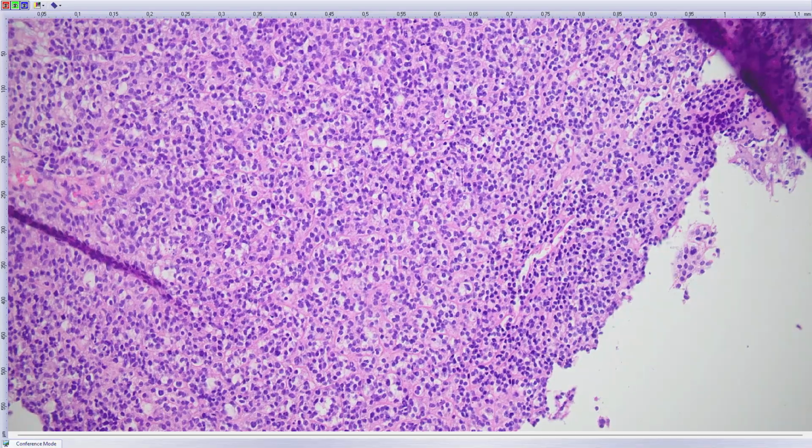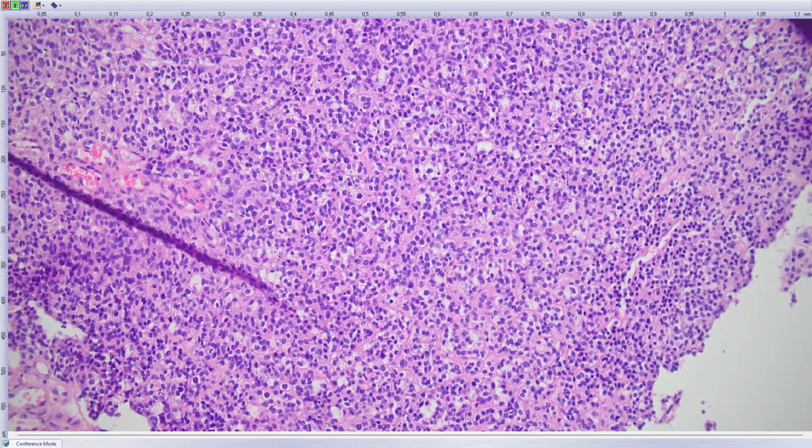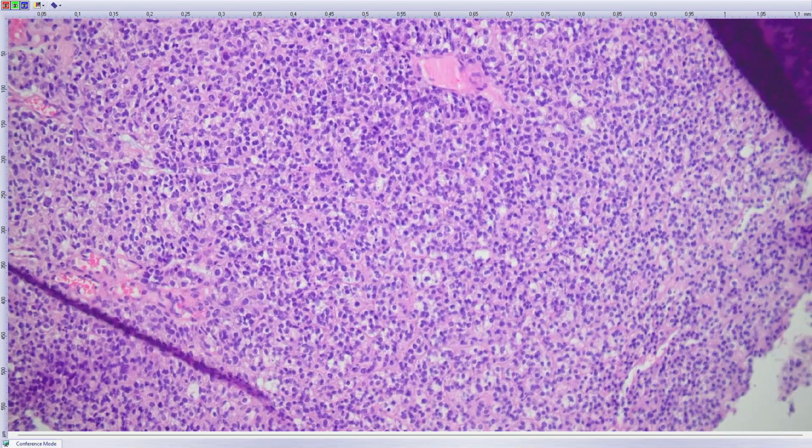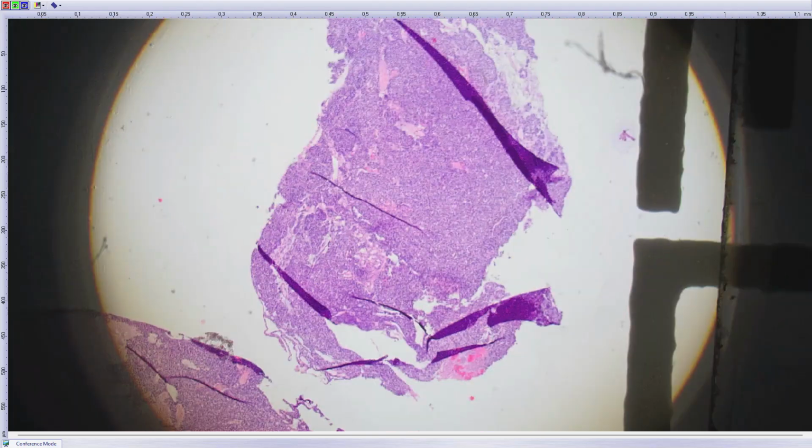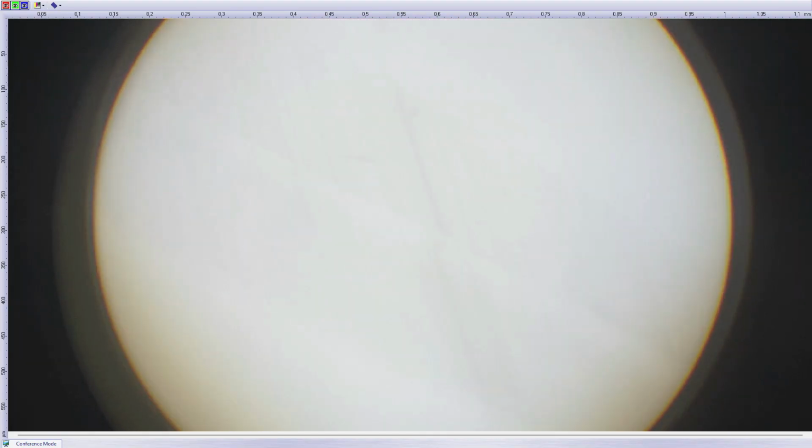Also, napsin A should be positive in clear cell carcinomas of the GYN tract, or especially of endometrium, but it was negative too. Anyway, so we have a high-grade malignant neoplasm with a diffuse cytokeratin expression, SOX17 and PAX8 expression. So it appears it could be poorly differentiated carcinoma of GYN origin.